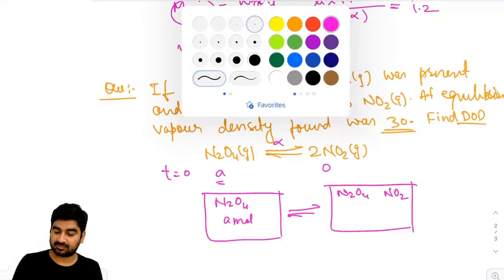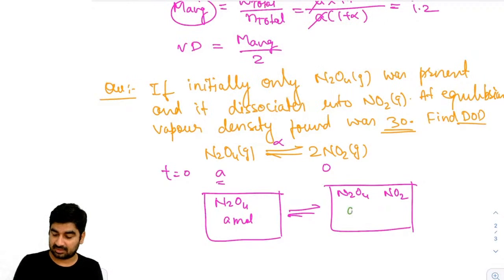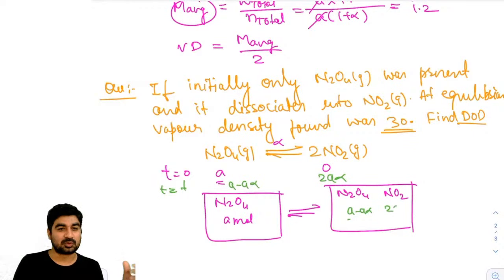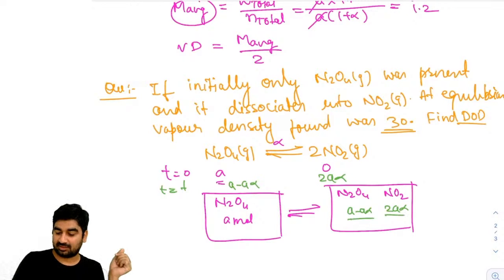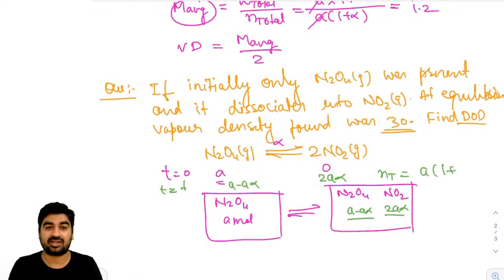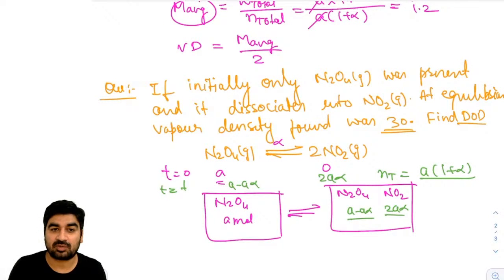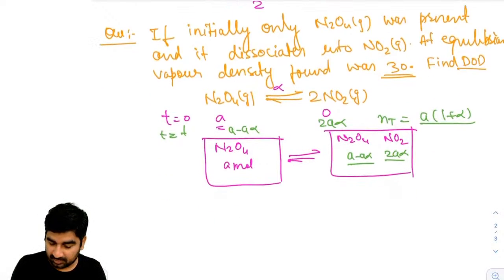A minus A alpha of N2O4, and 2A alpha of NO2. So the total moles, just add them, will be A into 1 plus alpha. And if it is A into 1 plus alpha, what will be M average here? It will be weight total upon N total.